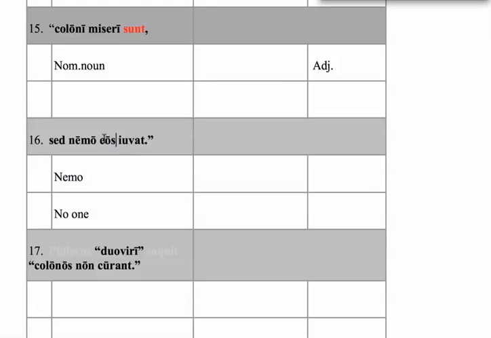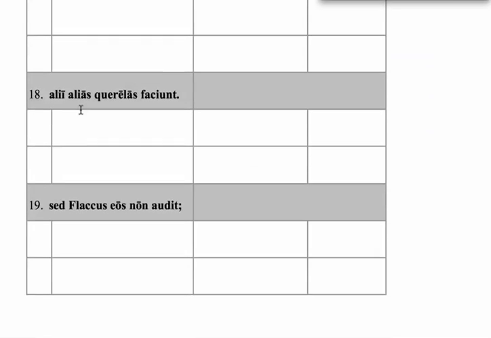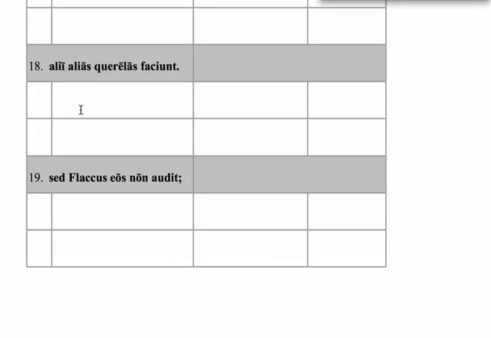Juvat is the verb. Eos is the direct object because it's accusative plural. Okay, which you can check in the vocabulary. Subject here ends in long I. The verb is courant, and the object has the same ending as in number 16. Number 18. Remember, you can stop this videotape and write down what I'm saying and then go on.